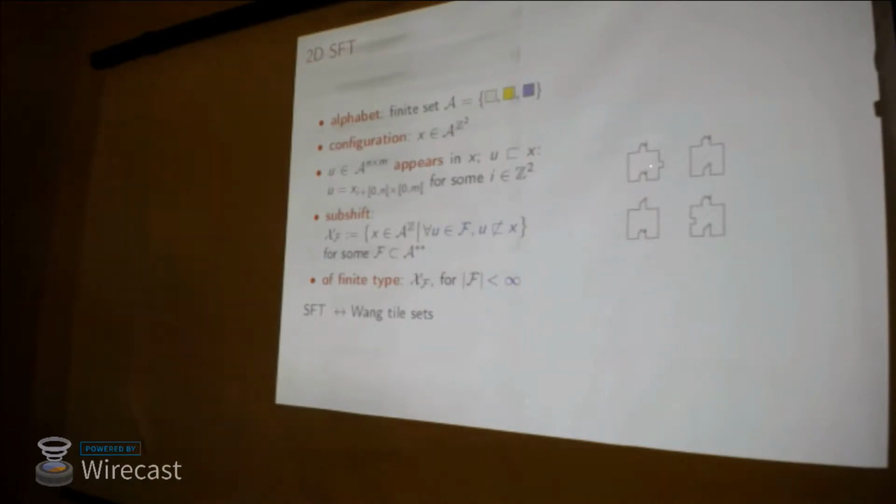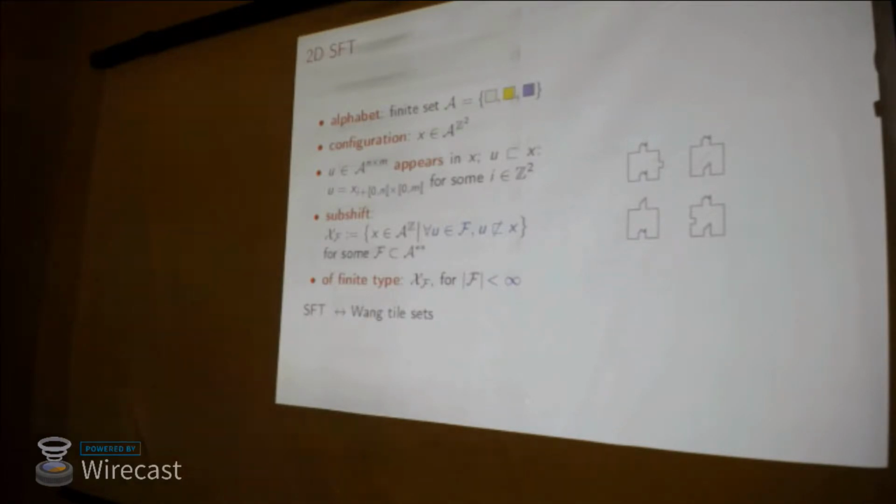I just forbid, for example, this one to be under this one because it won't fit. It looks like it could nearly fit, but it doesn't. You can visually infer what the set of forbidden patterns is. I can put this on the right of this one, or this one on the right of itself also.